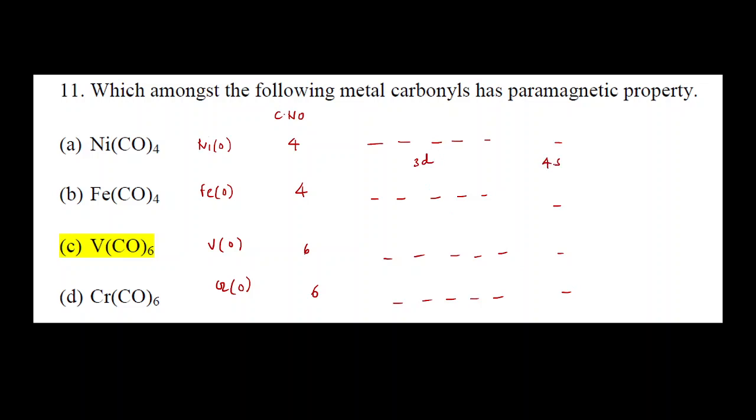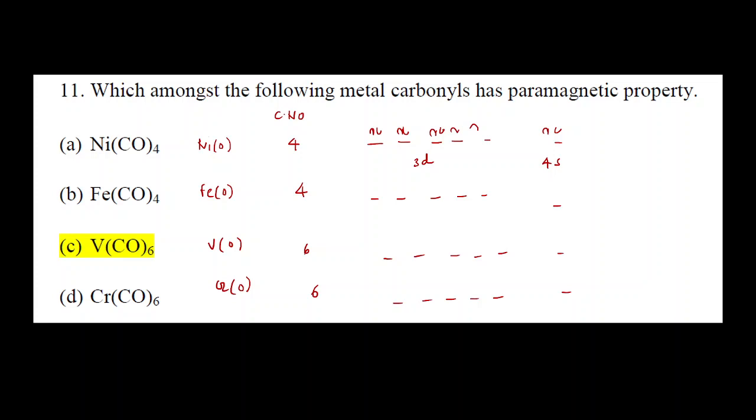We have 8 electrons in d and 2 in s in case of nickel, because nickel is present in zero oxidation state. So 1, 2, 3, 4, 5, 6, 7, 8, and 2 over here, giving overall 10 electrons. Carbonyl is a strong field ligand, a pi accepting ligand, so it will try to pair up the electrons.